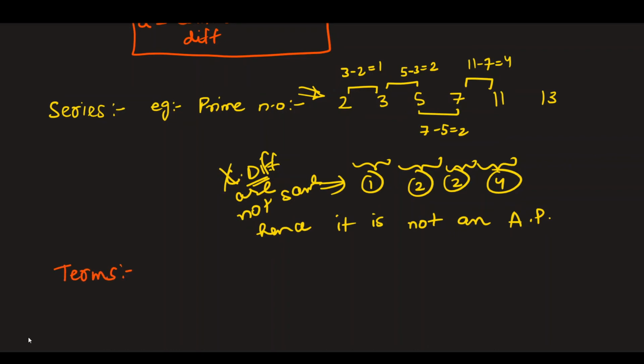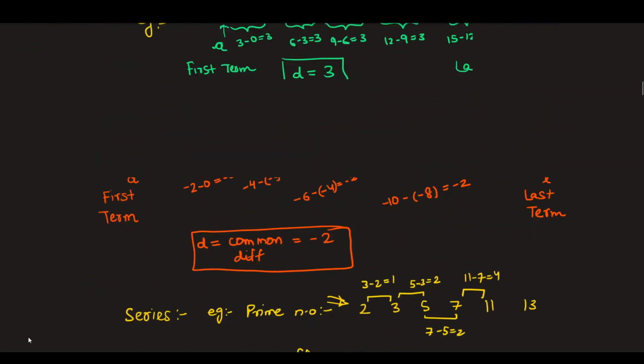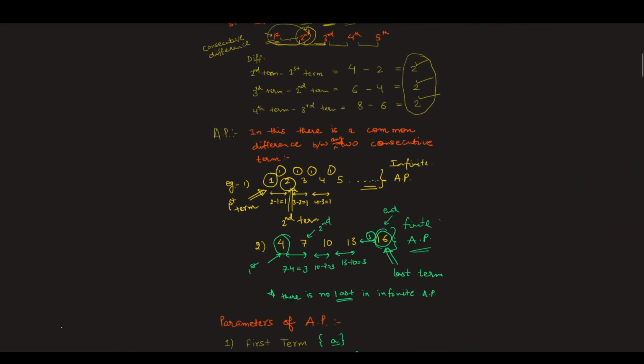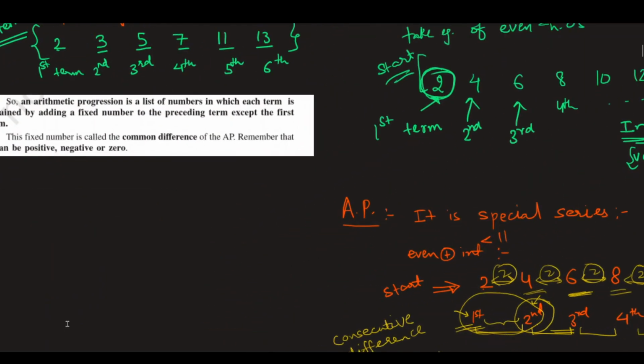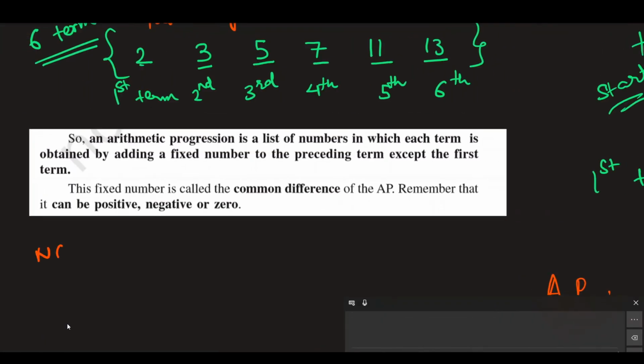Okay. So with respect to terms, these are nothing but the elements of the series. Say we take this series, then all these are terms of this sequence. This is the first term, this is the second term, then third term, and so on. Okay. So now we have to look at the definition of AP. It is the NCERT definition of AP.